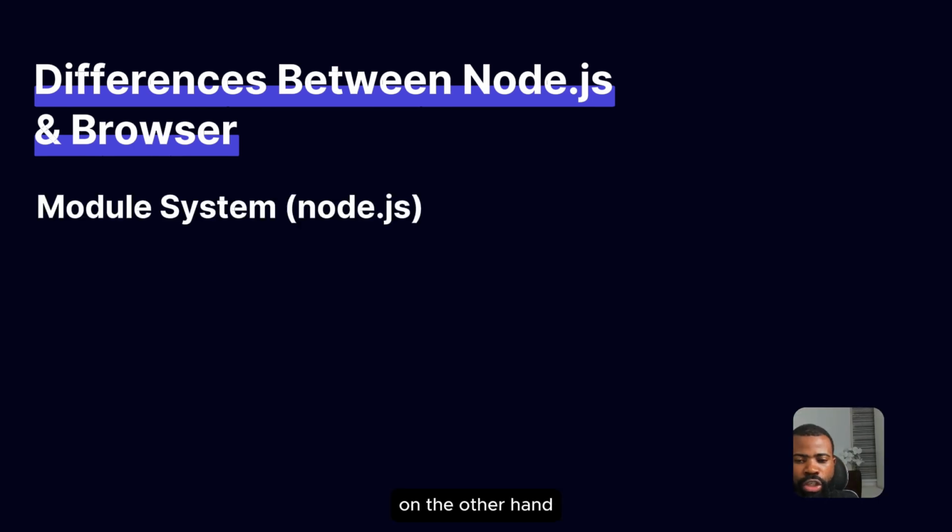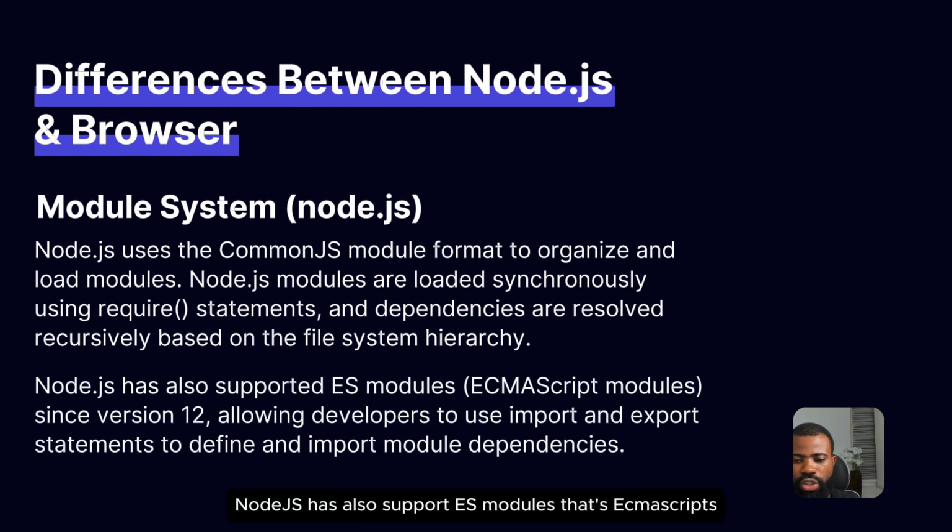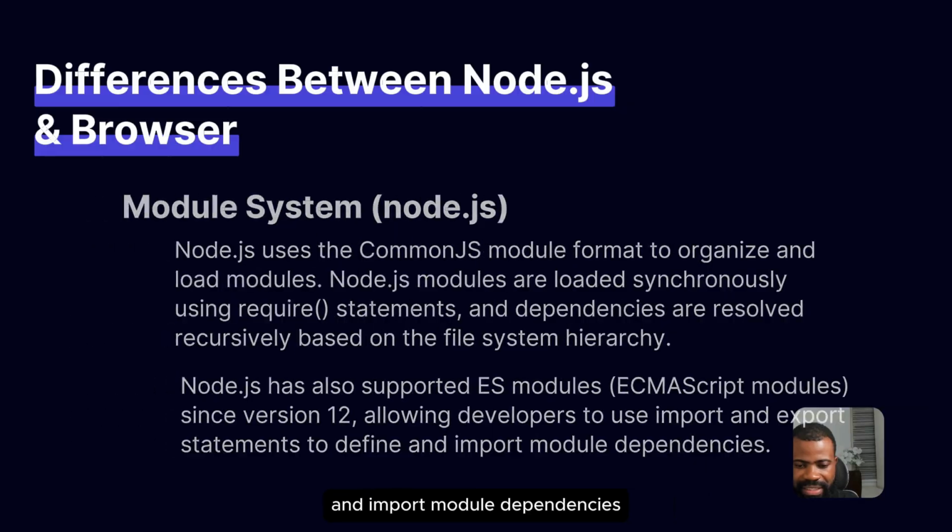On the other hand, Node.js uses the CommonJS module format to organize and load modules. Node.js modules are loaded synchronously using require statements, and dependencies are resolved recursively based on the file system hierarchy. Lastly, Node.js also supports ES modules, that's ECMAScript modules, since version 12, allowing developers to use import and export statements to define and import module dependencies.